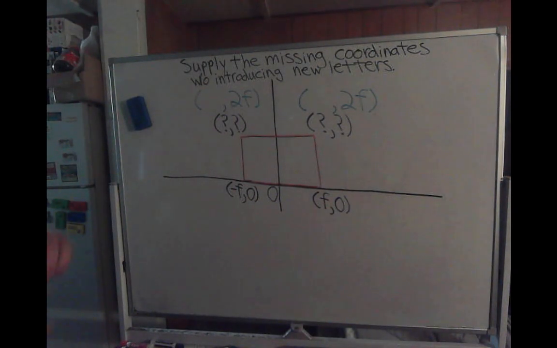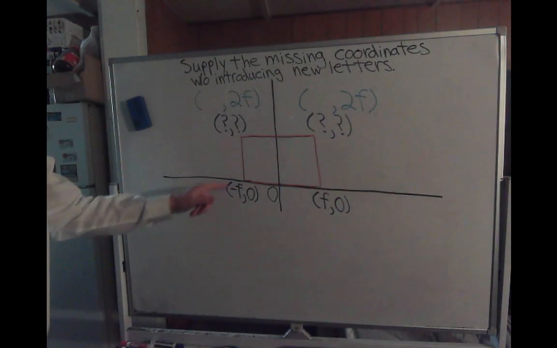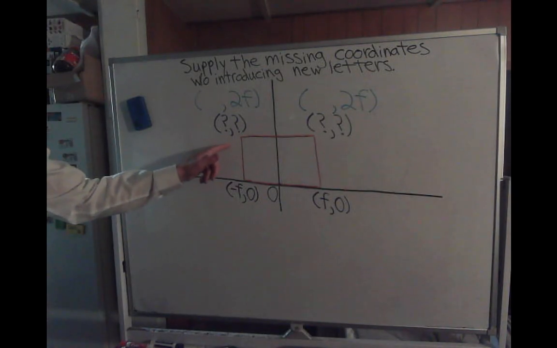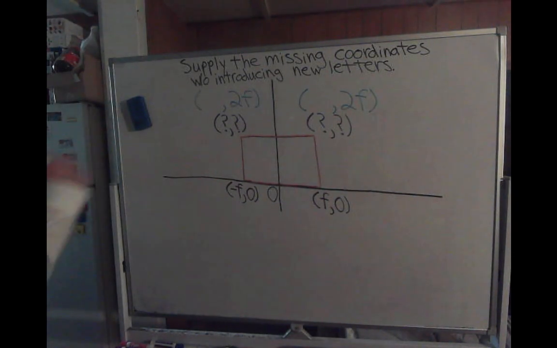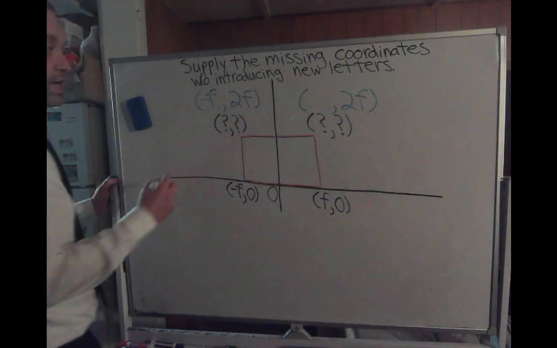Now what about in terms of finding the x-coordinate? Well, the x-coordinate would stay the same for the top left as the bottom left, because at the top left you haven't shifted left any further, so you'll end up having negative f for your x-coordinate.